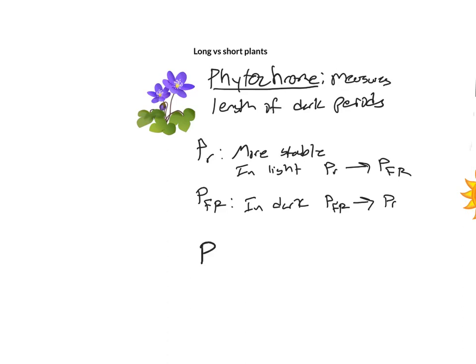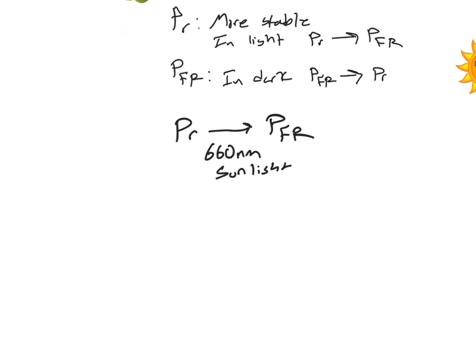So the PR is going to be converted to PFR when a specific type of light is present, and that is light that's at 660 nanometers. And this is going to be like sunlight. The opposite, the PFR, is converted to PR in light that's about 730 nanometers.